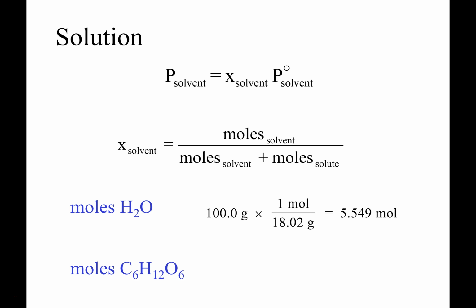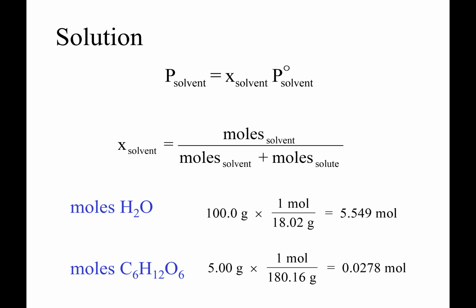And for glucose, we're going to take that 5.00 grams, and the molar mass of glucose is 180.16 grams per mole. So 5.00 grams times 1 mole over 180.16 grams. Grams cancel, we're left with units of moles. And only 3 sig figs, so I get 0.0278 moles of the non-volatile solute.